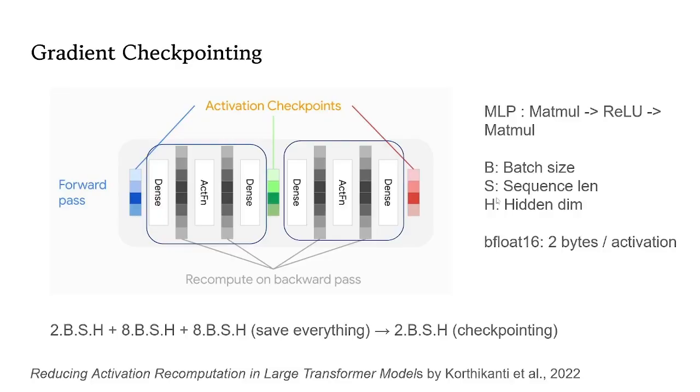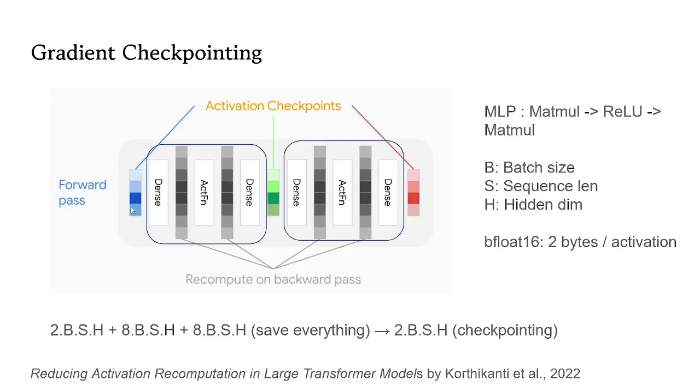Let's see the amount of benefit you get from this. Assume that the batch size is B, the length of the sequence is denoted by S, and the hidden dimension is denoted by H. And we are storing each number as, let's say, bfloat16, which takes up 2 bytes. If I was storing all these activations, let's see how many bytes I would need.